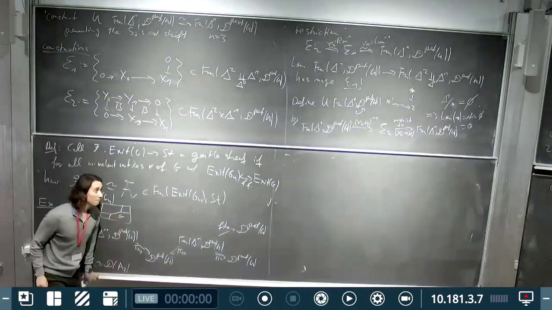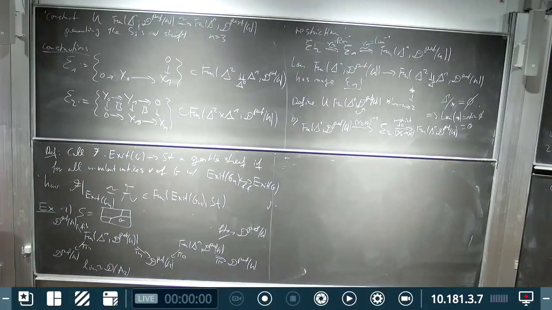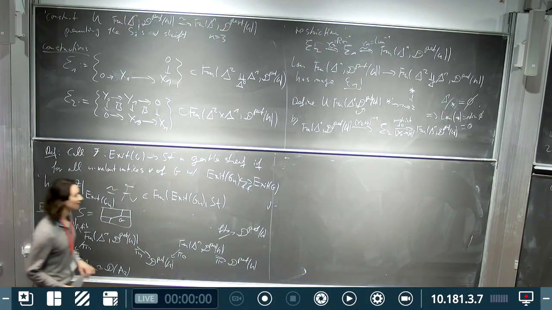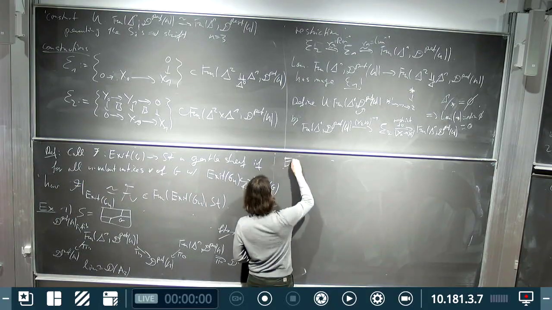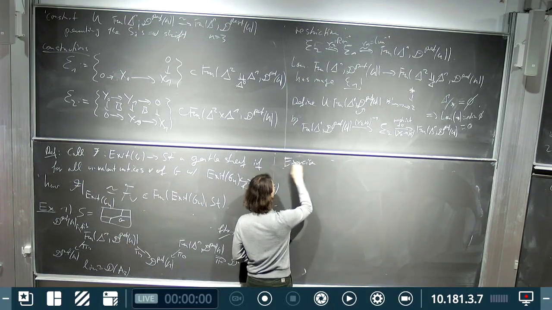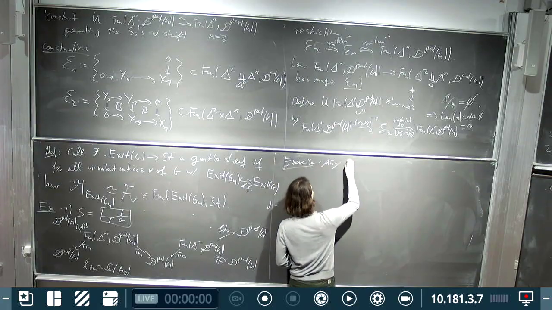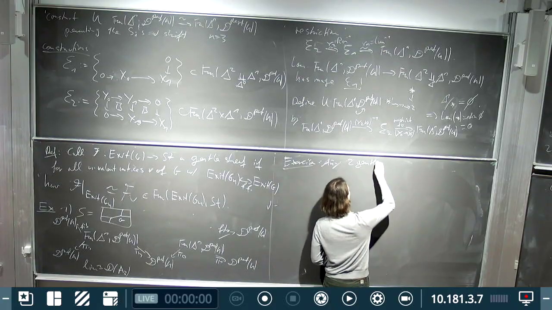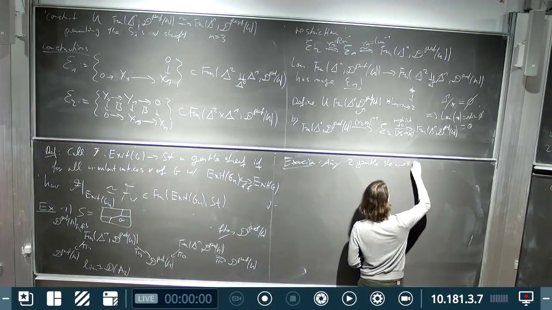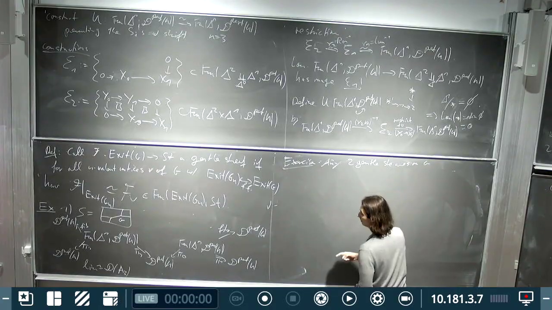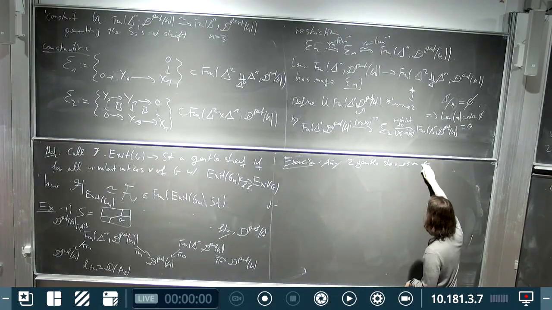Anyway. Now, there's an interesting fact, namely, any two gentle sheaves on this ribbon graph are equivalent. And I'll pose this as an exercise for you. Exercise. Any two. Say again? The limit is a small category, right? Yeah, perfect. I said in the beginning, all derived categories are perfect. Okay.